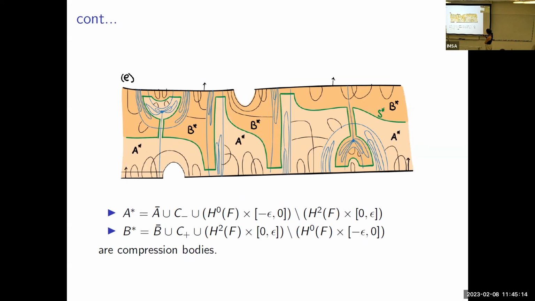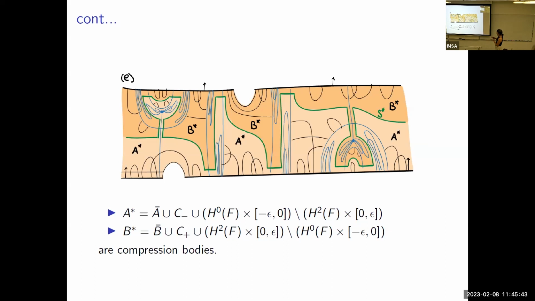But up to here this might not be a compression body, but after we remove the two-handles of F across this half of the collar of F, we obtain a compression body.